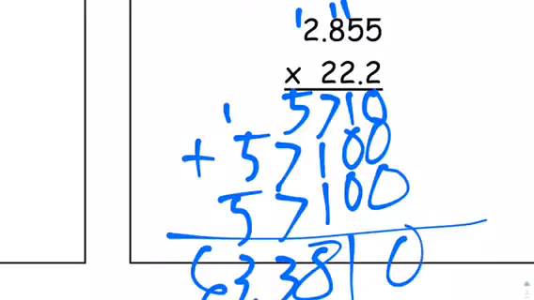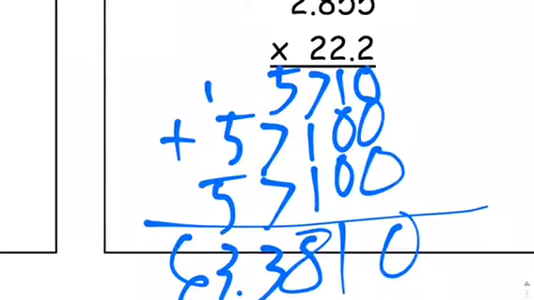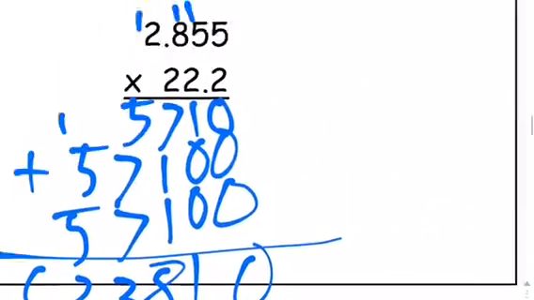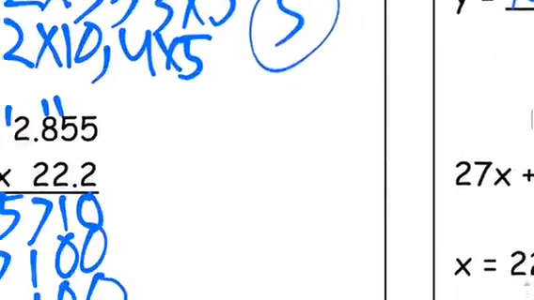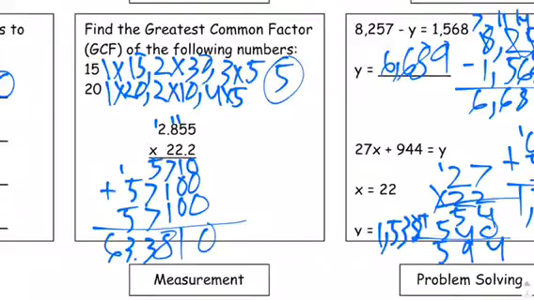If you guys are looking at this and you think you haven't moved your decimal over and you get 633, well, if we look at this number first, if I wanted to round 2.855 to the nearest whole number, someone tell me what 2.855 would round to. Would I round that to a 2 or to a 3? Dominic, I see the 2.